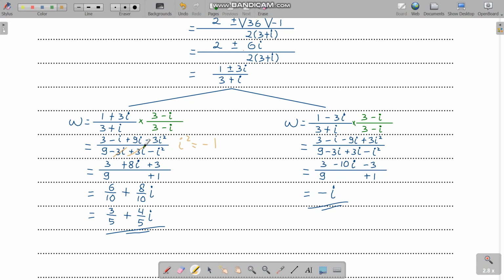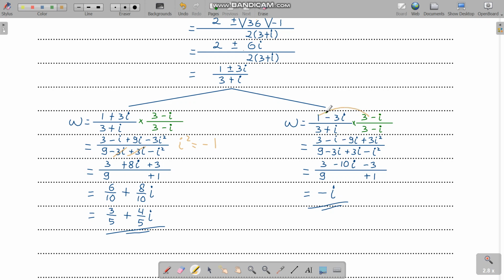So on top we have 3 + 3, which is 6, and we still have 8i, and we can split the fraction: 6 over 10 plus 8i over 10, or in the simplest form 3/5 + 4/5 i. From the other possible root, again we expand everything.